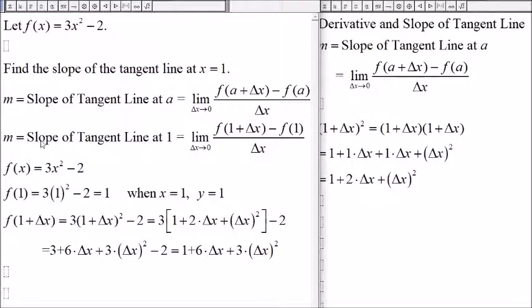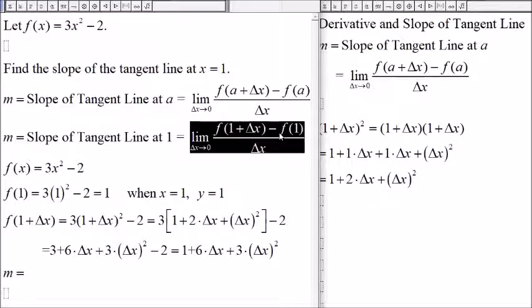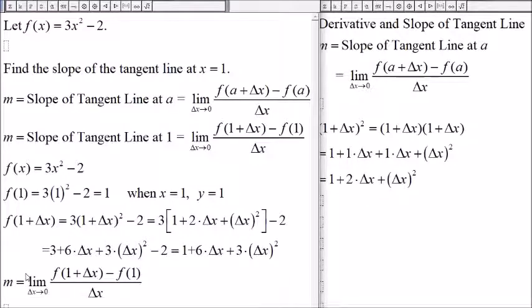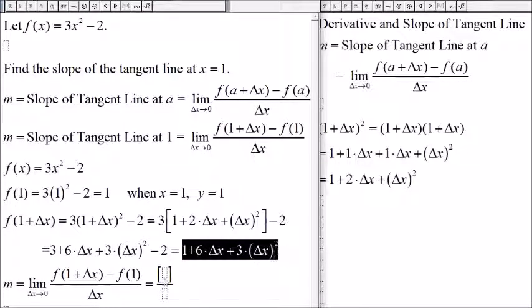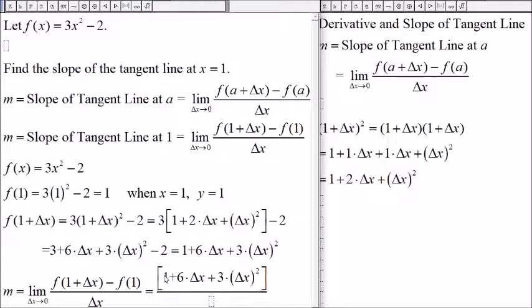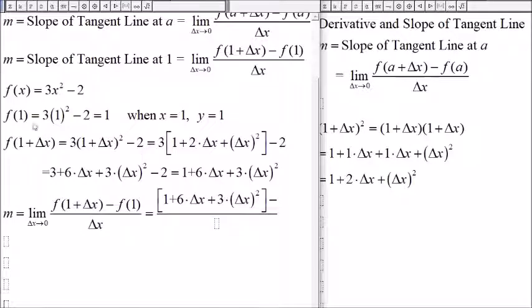And then now to get the slope, we have m for the slope. And so f of 1 plus delta x is this. And then minus f of 1. f of 1 is just 1.